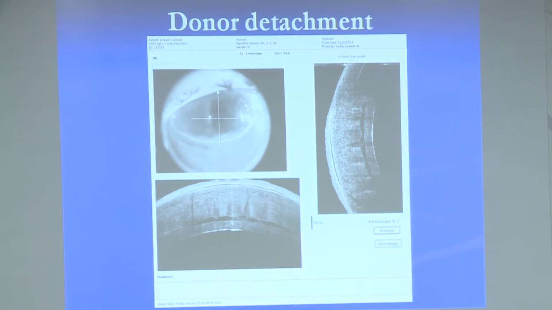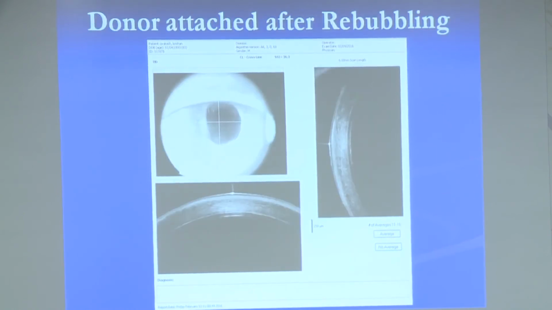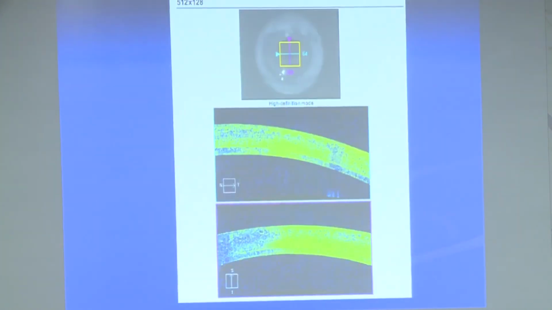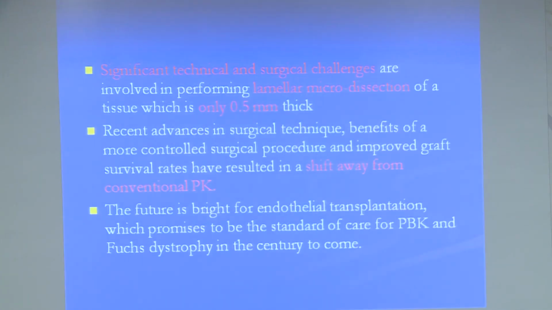You can have some complications, such as in this case, where we can detect endothelial lenticule detachment, and you can confirm it by anterior segment OCT. After rebubbling the lenticule was attached, and this was again documented on ASOCT. You can also do DSEK with IOL exchange, and these were the pictures of the same patient.